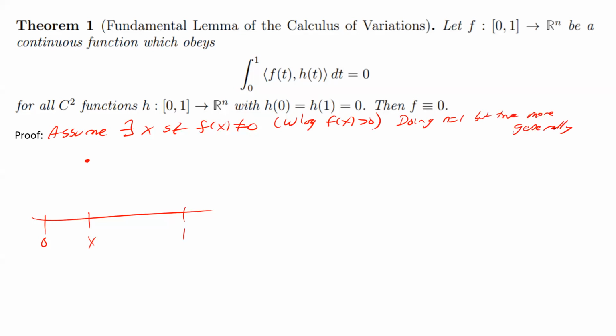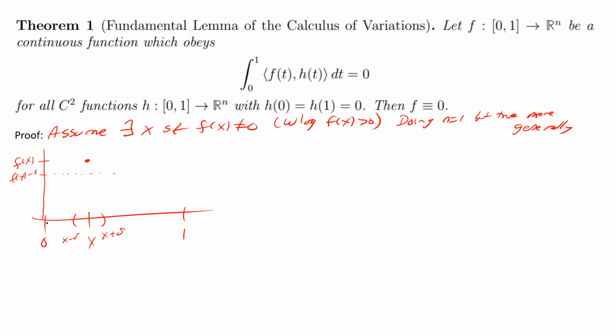It's positive because we have a continuous function. So there's got to be some small window, x minus delta, x plus delta, where in that window, here's f(x), here's f(x) minus epsilon. We have to be at least as large as f(x) minus epsilon in that window.